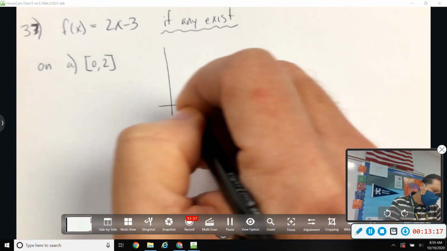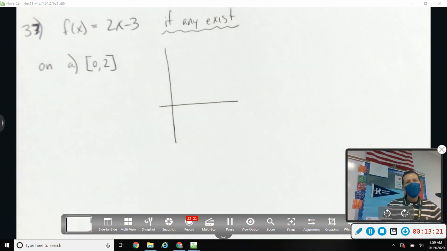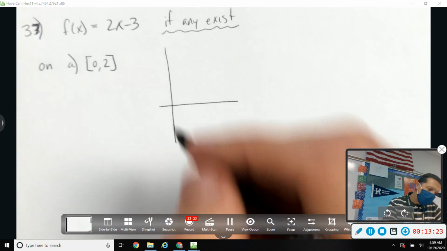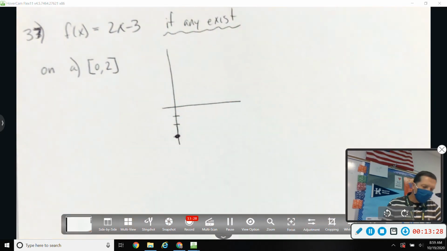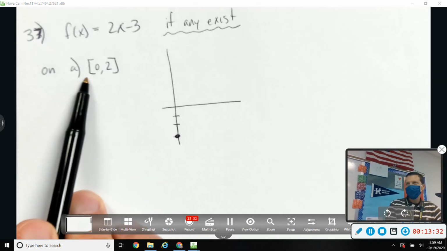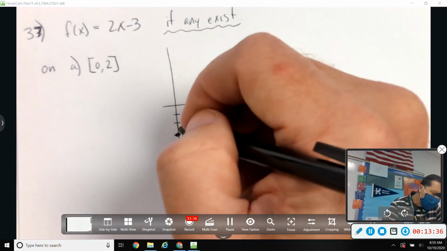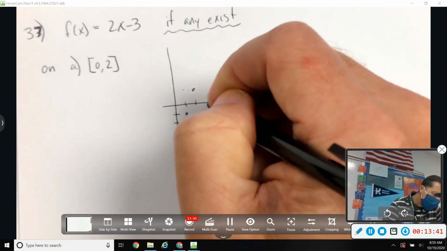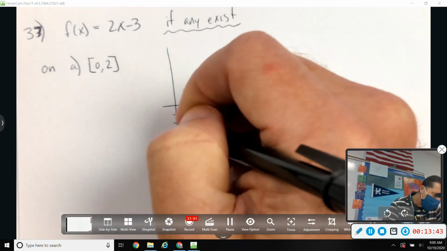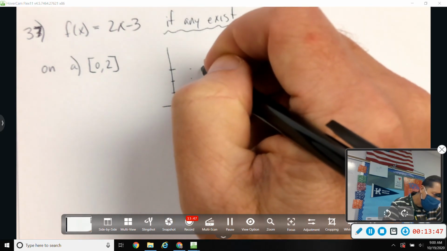So 0 to 2. So 2x minus 3, that would begin at -3, and closed circle because we want to include the x equals 0 point. Slope is 2, so up 2 over 1, up 2 over 1, up 2 over 1.